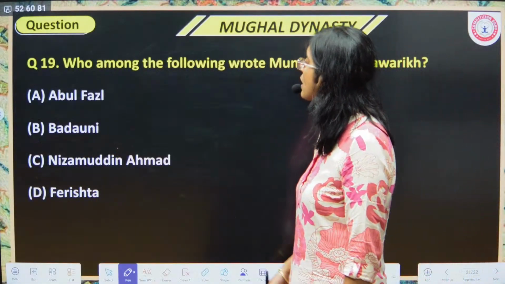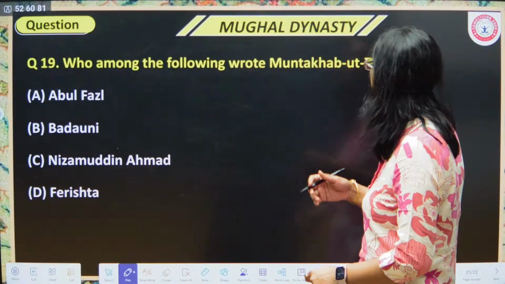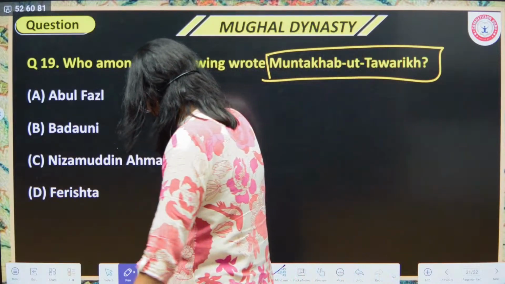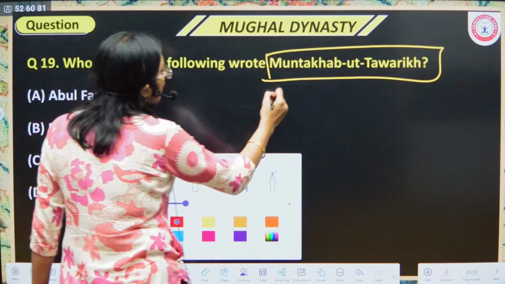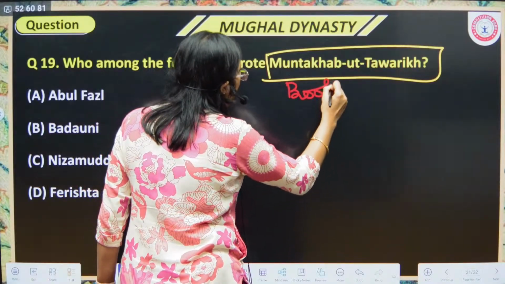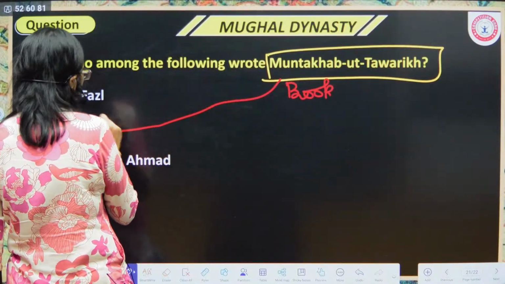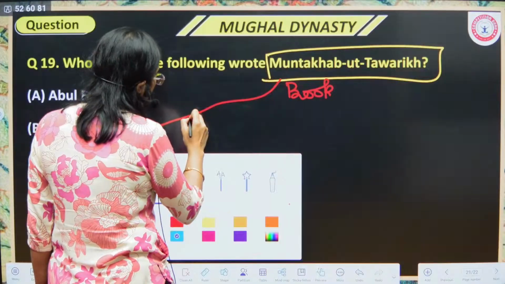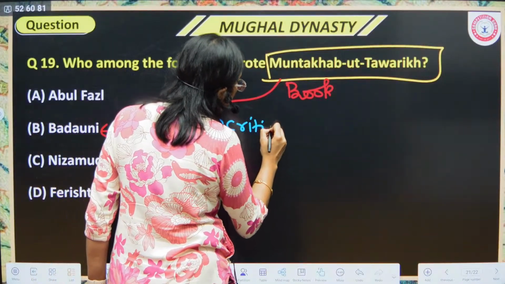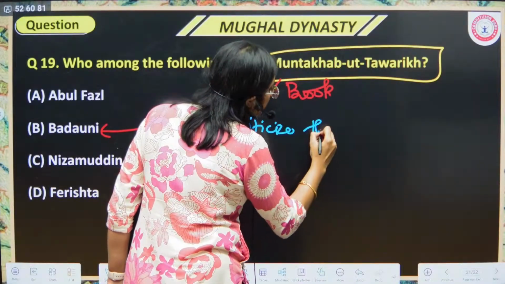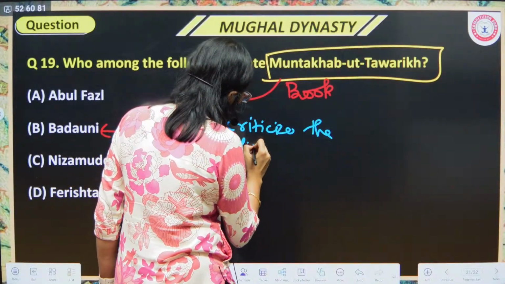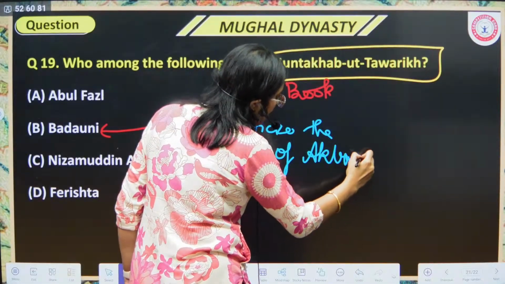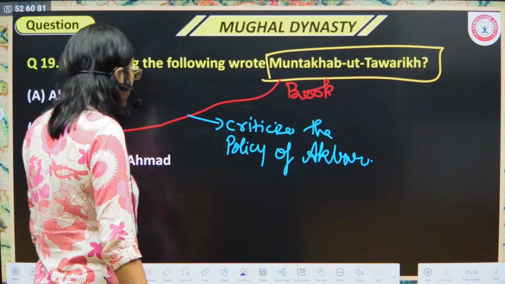And our next question is, who among the following wrote Muntakhab-ut-Tawarikh? This is a very important book, and it was written by Badayuni, and in this book he criticized the policy of Akbar.